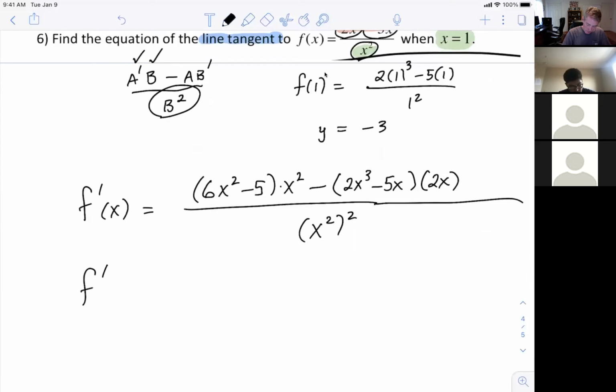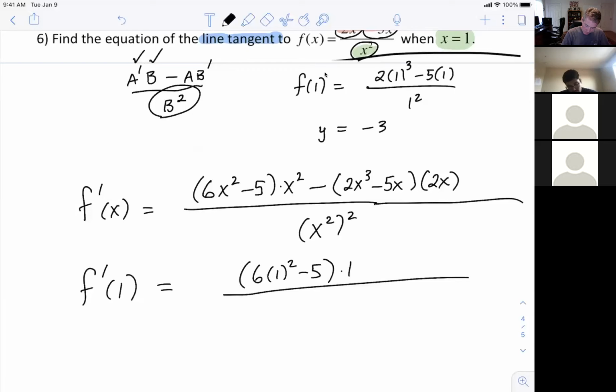So the derivative, when you plug in a 1, is going to be 6 times 1 squared minus 5, and then times 1 squared, minus 2 times 1 cubed minus 5 times 1, and then multiplied with 2 times 1. And then 1 squared gets squared.